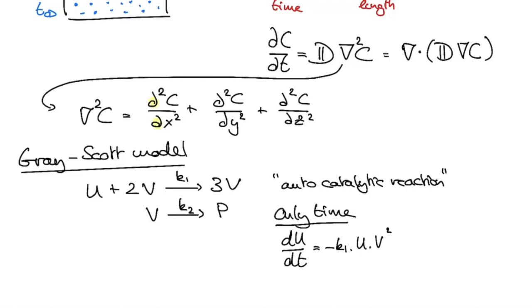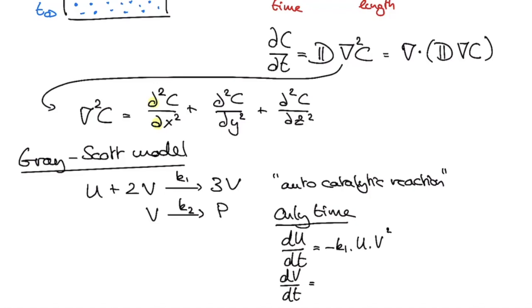That's basically it, right? U is only consumed there. And dv/dt is consumed but also produced.